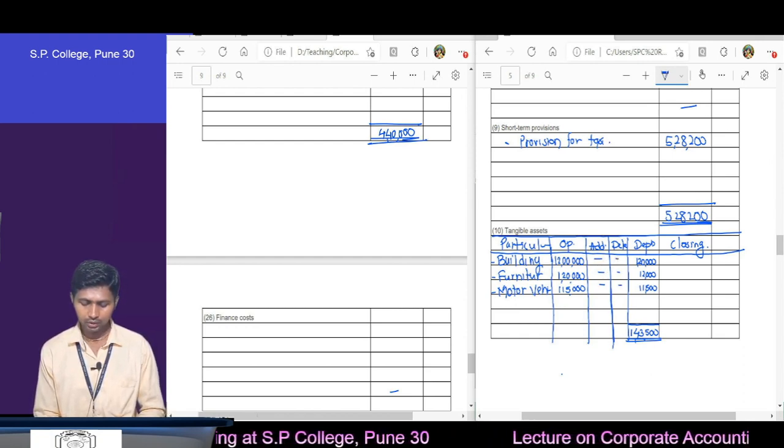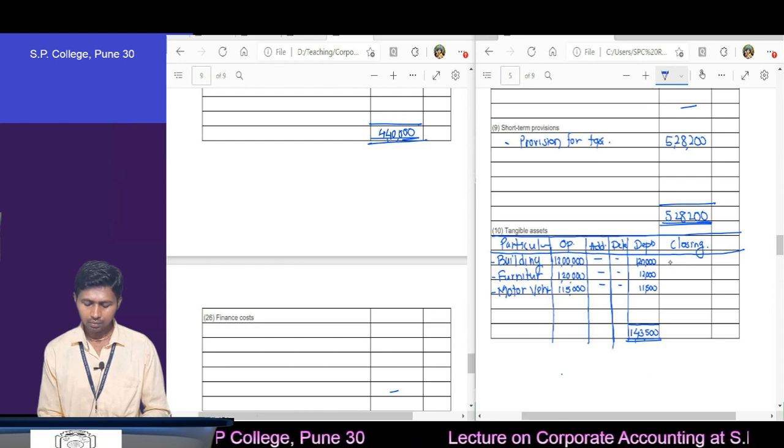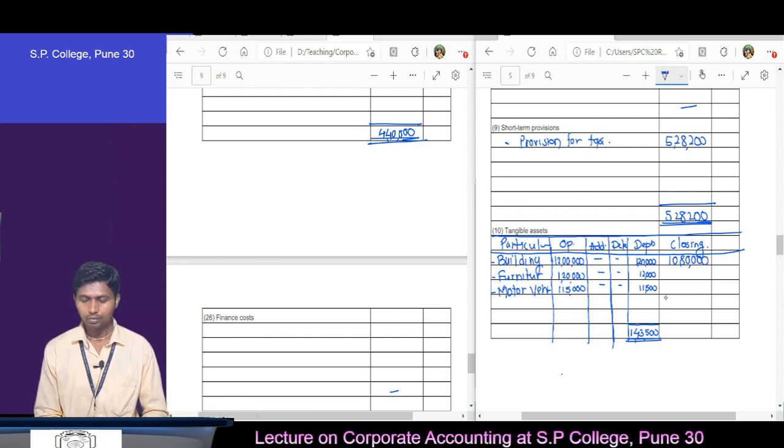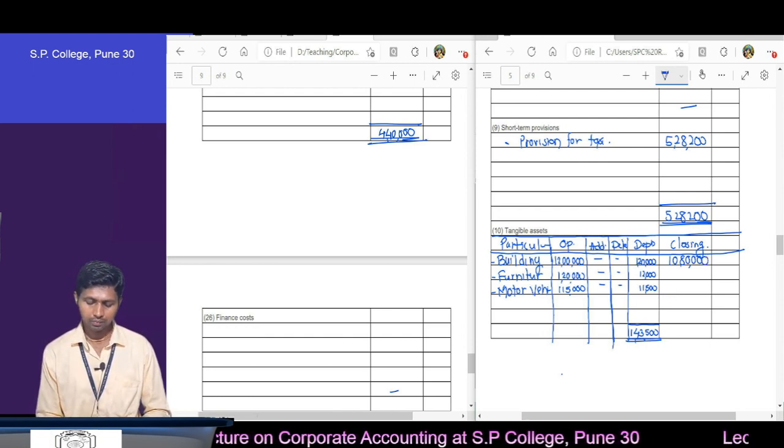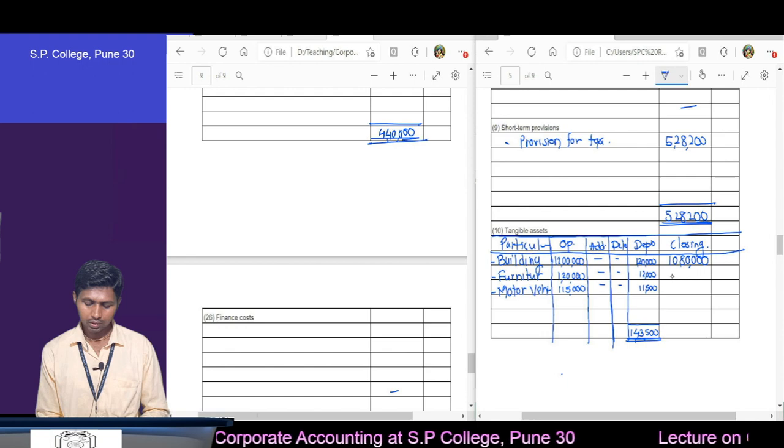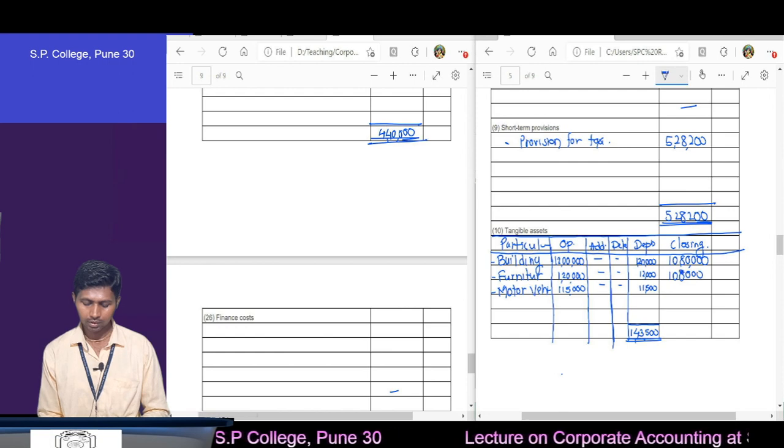Then we haven't yet calculated the closing for intangible. First calculate closing. 12 lakhs minus 1,20,000, 10,80,000 rupees. Then 1,20,000 minus 12,000, that means 1,08,000 rupees. Correct.